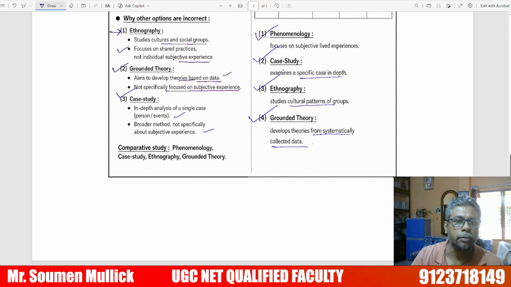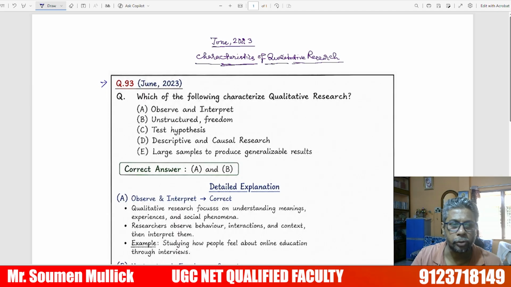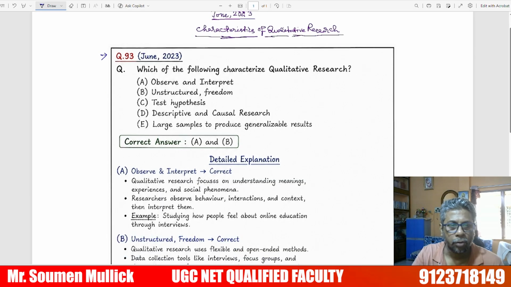Now we move on to our next question. The next question is based on characteristics of qualitative research. Which of the following characterize qualitative research? They have given the options: A, observe and interpret.